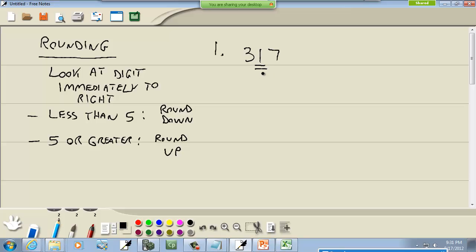So we want to round here. We look at the digit immediately to the right. This one is 5 or greater, so we're going to round up. What that means is this 1, we increase it by 1. So 1 plus 1 gives us 2. And then you put a 0 in all the digits to the right. So our answer is 320.